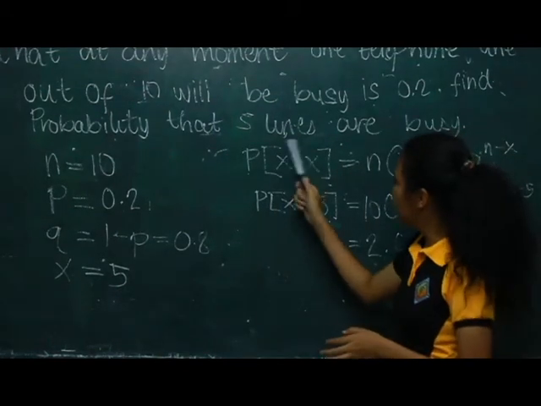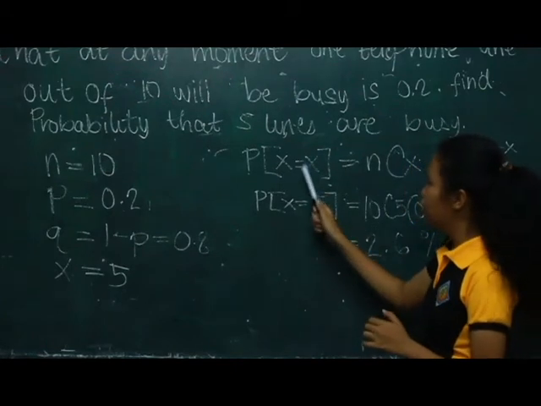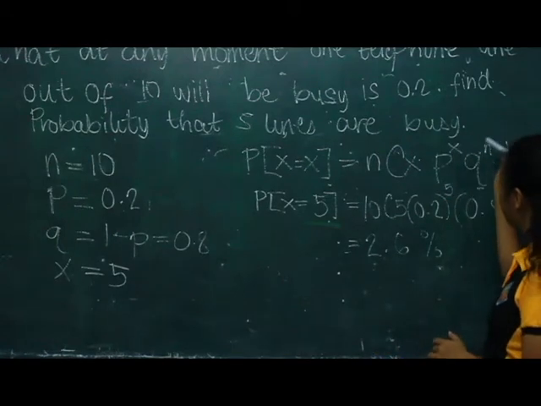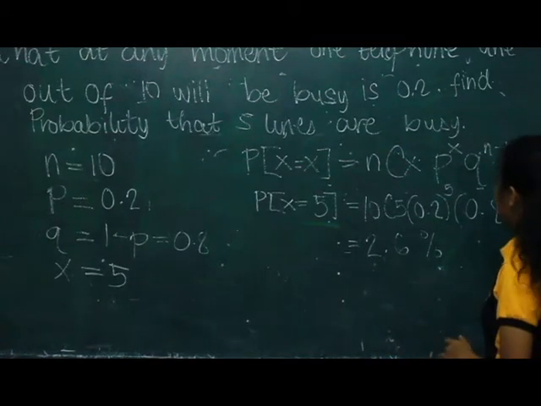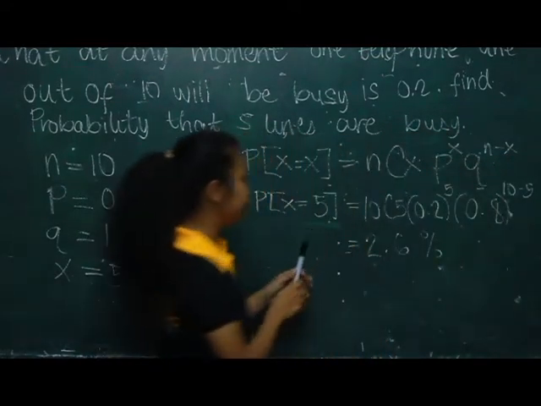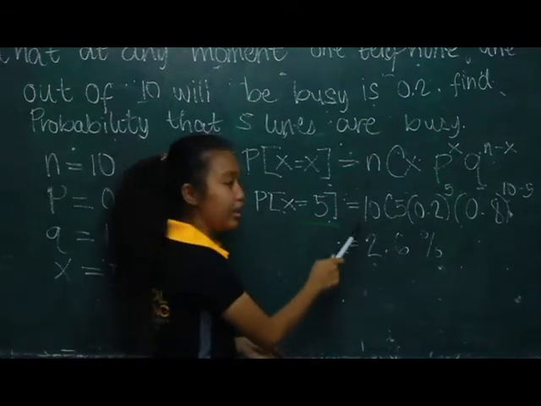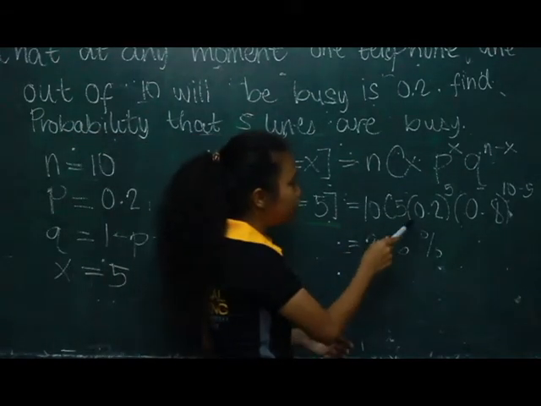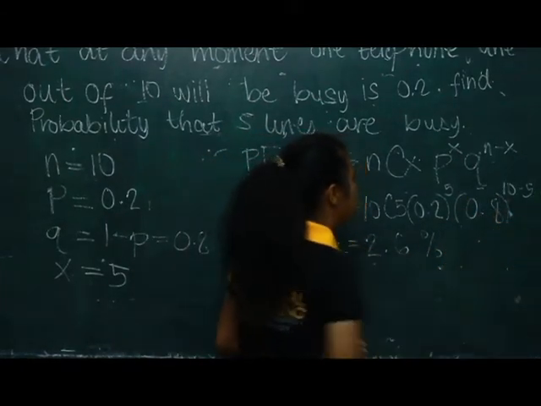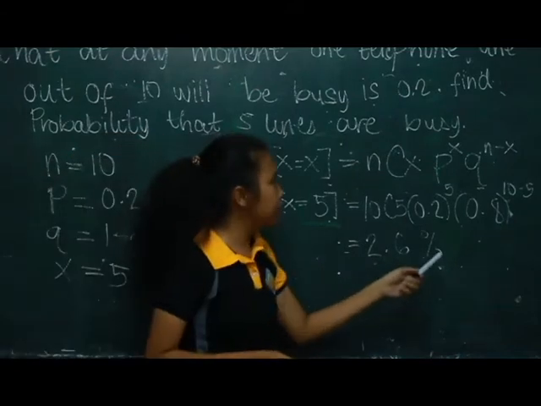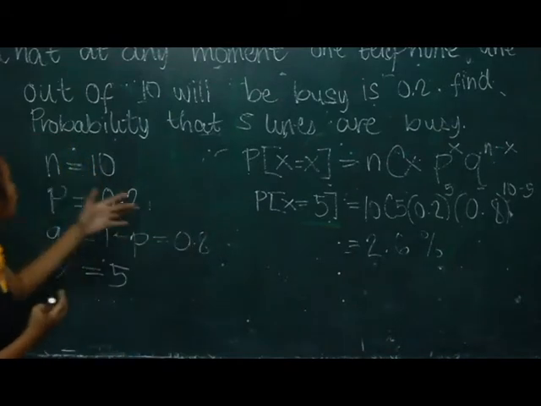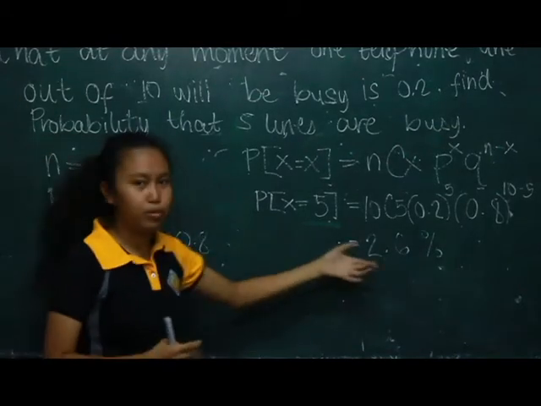Given the formula P of X is equal to n combination x times p raised to x times q raised to n minus x. So P of X equals 5 is equal to 10 combination 5 times 0.2 raised to 5 times 0.8 raised to 10 minus 5, which is equal to 2.6%. So therefore, the probability that 5 lines are busy in this problem is equal to 2.6%.